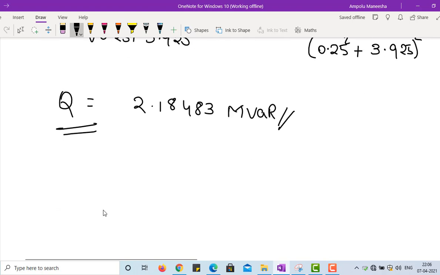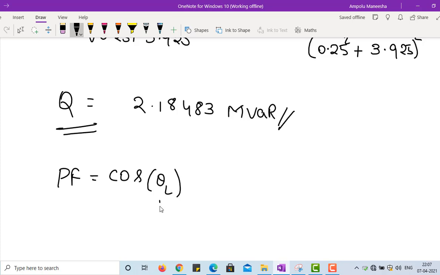Now we need to find out the power factor of the load. Power factor is what? Cos theta load, right? Theta, how we can find out? We can find out by this expression tan inverse of Q received by P received.